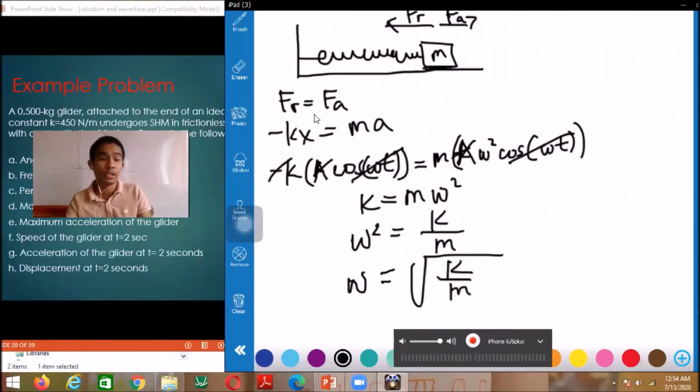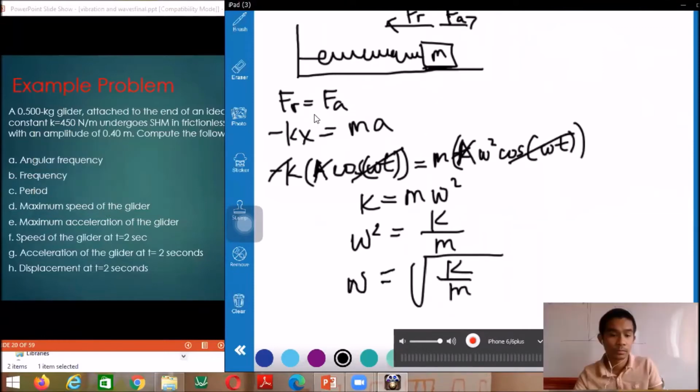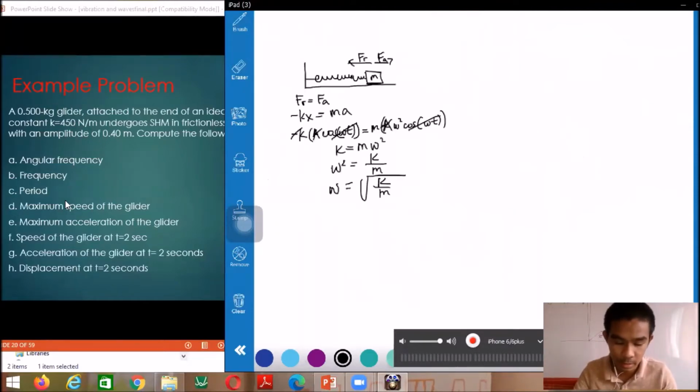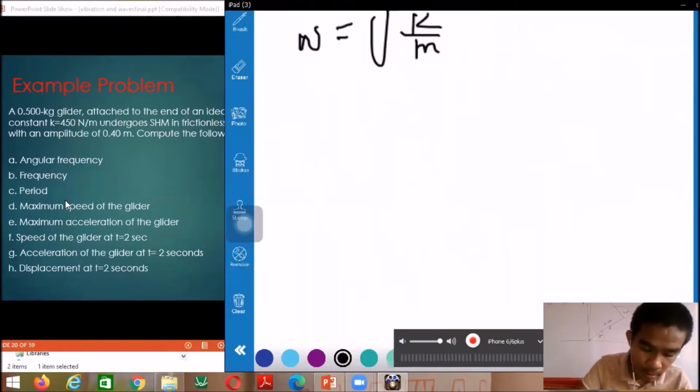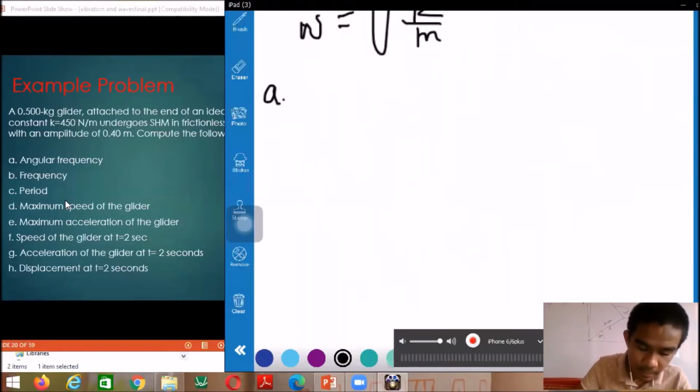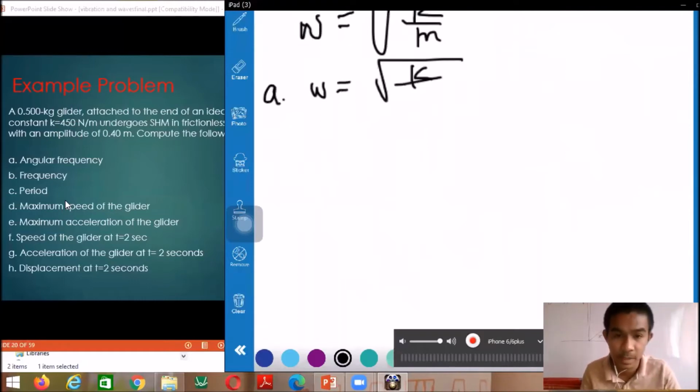So we can solve for the angular frequency given the spring constant and the mass attached to the spring. So let us solve for letter A. The angular frequency equals the square root of the spring constant over M, the mass attached to the spring.